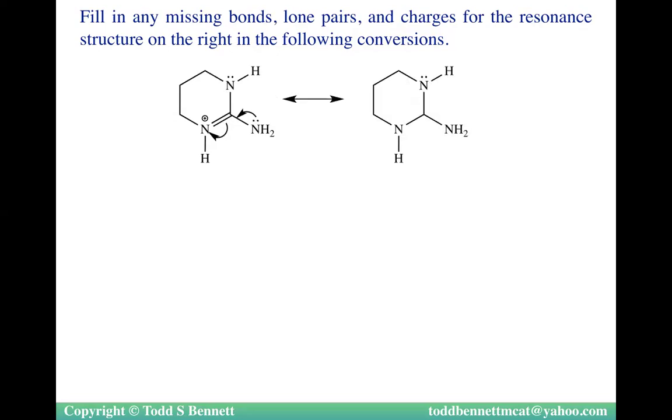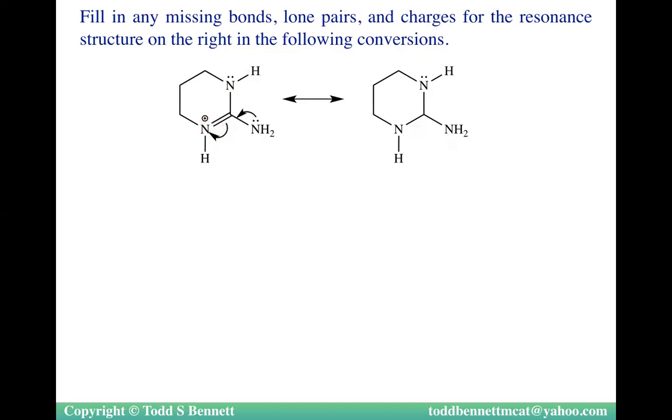So last time we did a guanidino group as well. So this, just for random information, is the side chain of arginine. This isn't the side chain of arginine, but the arginine side chain has this guanidino group, so it is fairly common in bio. But I just want to figure out where everything goes. So this nitrogen is going untouched, so we're only looking at one of the resonance structures possible.